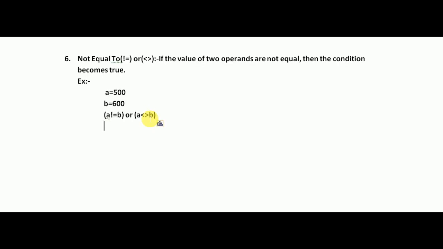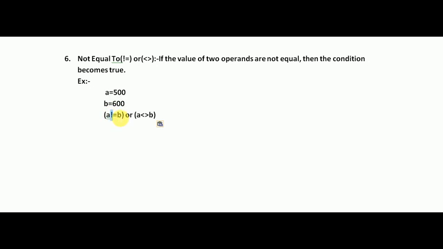Now the next one is equal to equal to. If the values of the two operands a and b are equal, then the condition becomes true. Here is an example. Now the next one is not equal to. If the values of the two operands are not equal, then the condition becomes true.